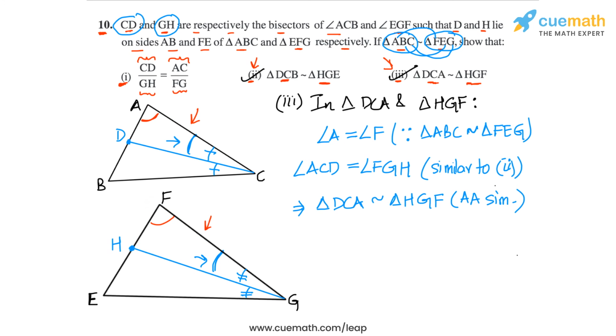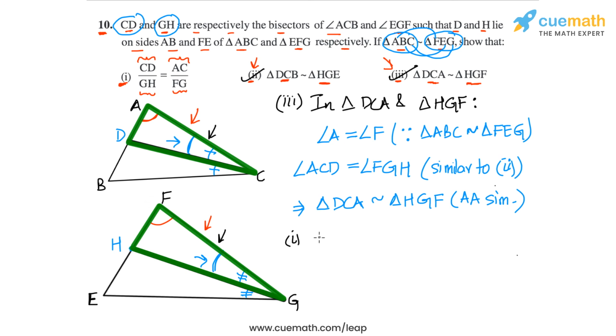So CD by GH will definitely be equal to AC by FG, because these are ratios of corresponding sides in the two similar triangles DCA and HGF.